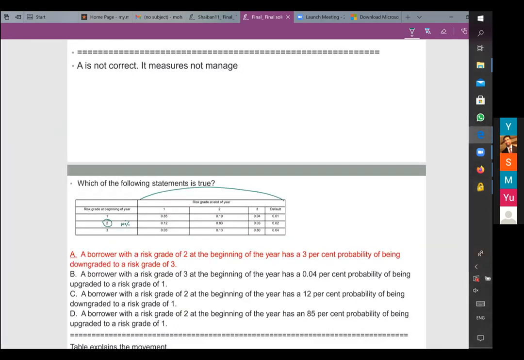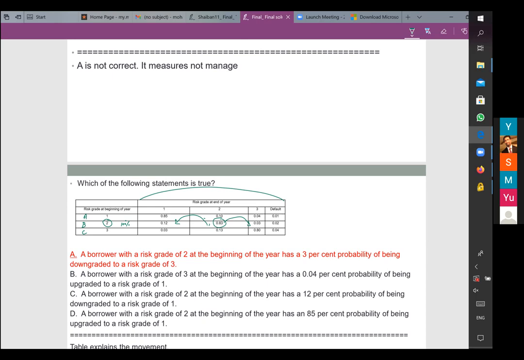This is class A, this is class B, this is class C. During the year, 12% of them go to here, 3% go to here, and 83% are still in the same class.